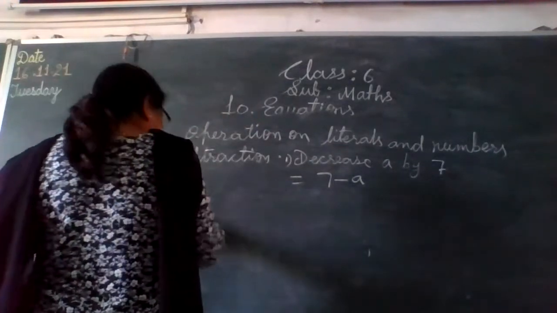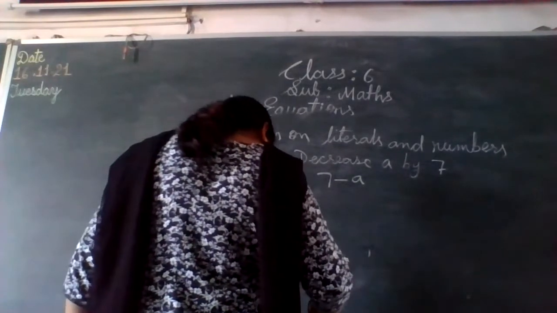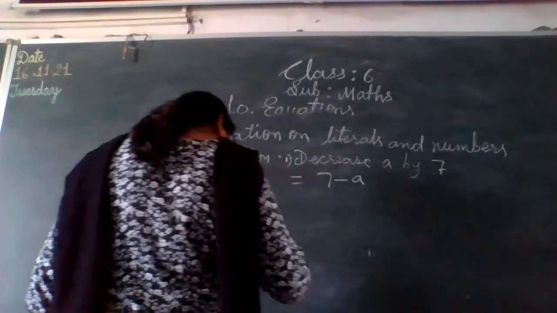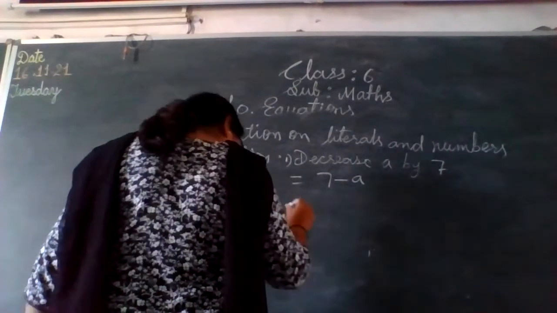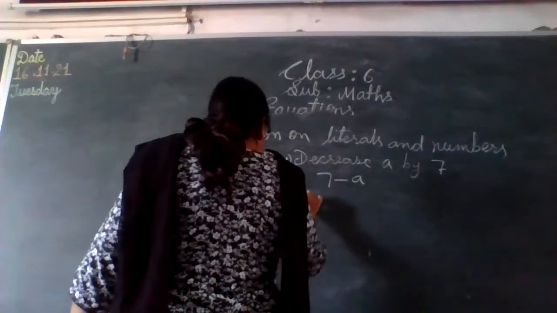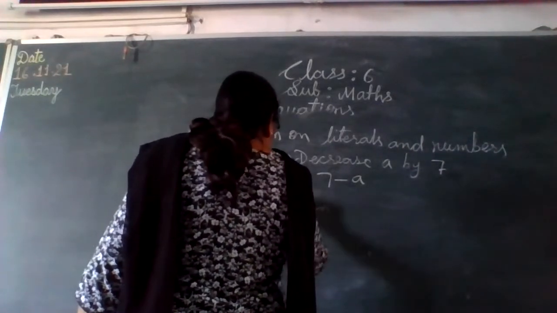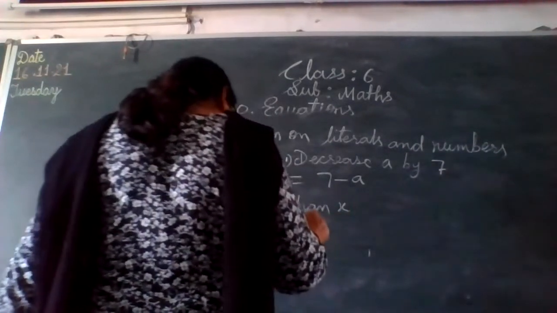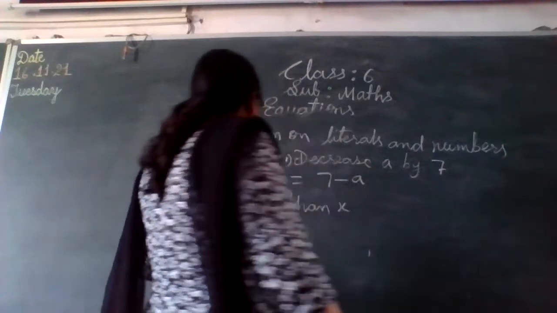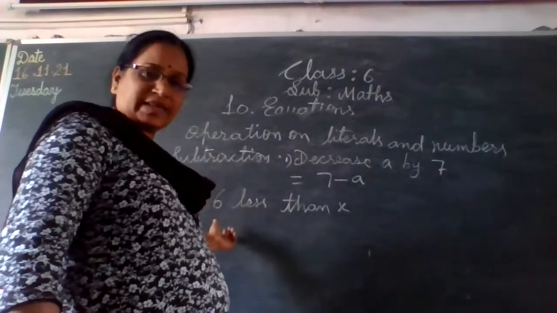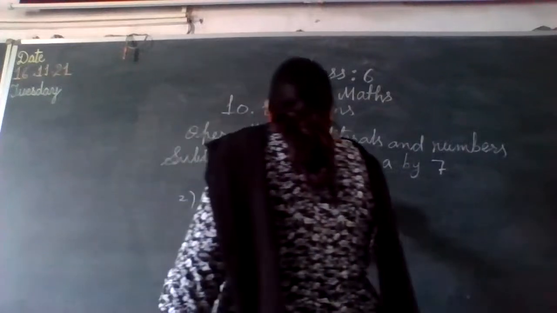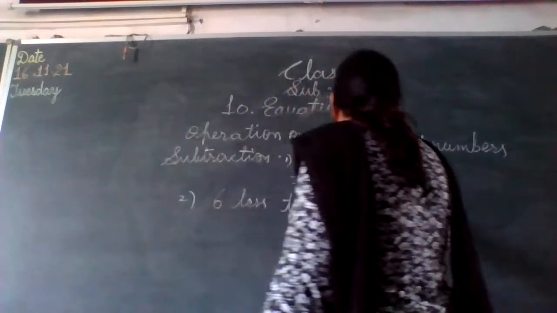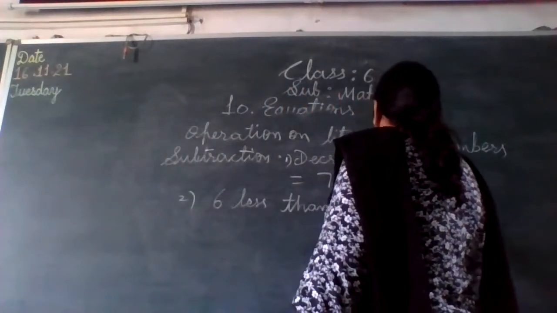Second one. 6 less than X. So what is less? 6 from X. So how will you write? 6 less than X, so X minus 6.